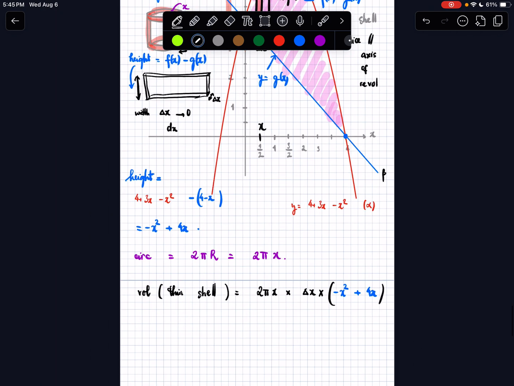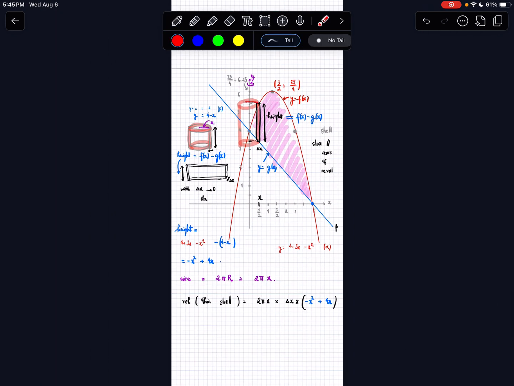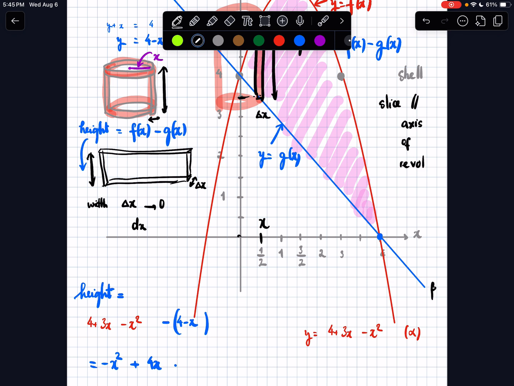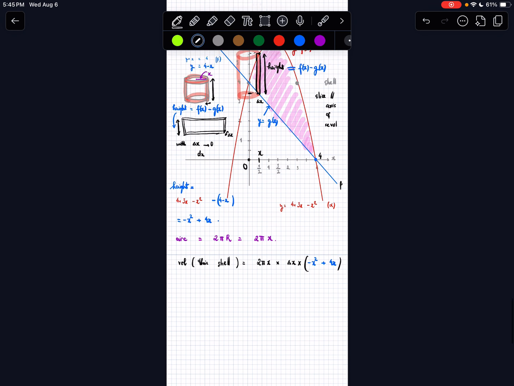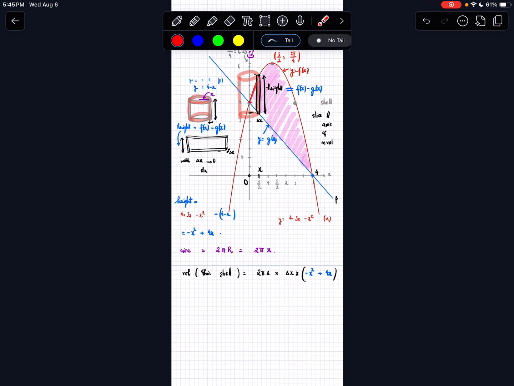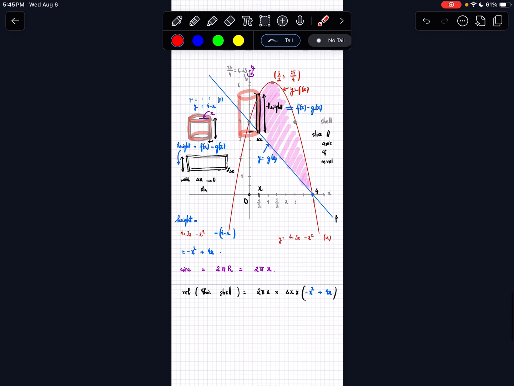And the sum of all these thin shells will give us the volume of the whole solid, where x runs from this point to this point, corresponding to 0 to 4. We can compute 0 and 4 by using the intersection of the two curves. By using the equations of the two curves, we can compute the intersection points.